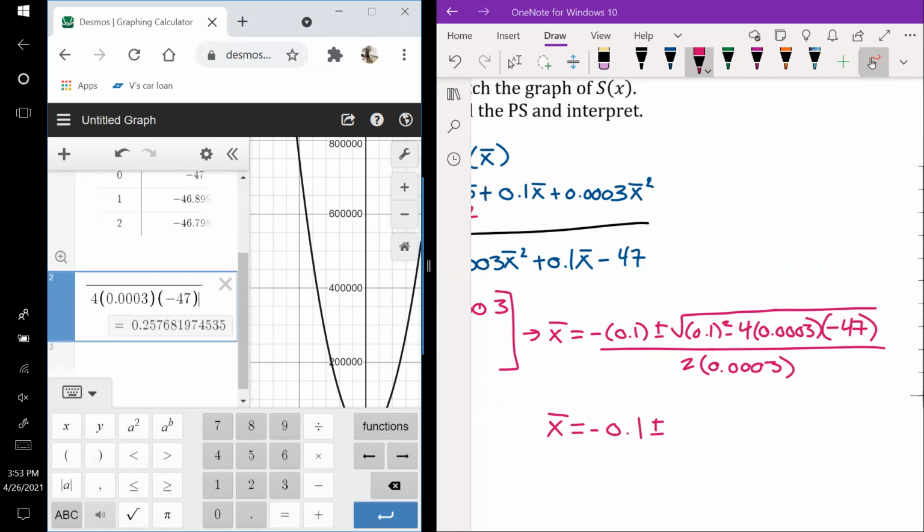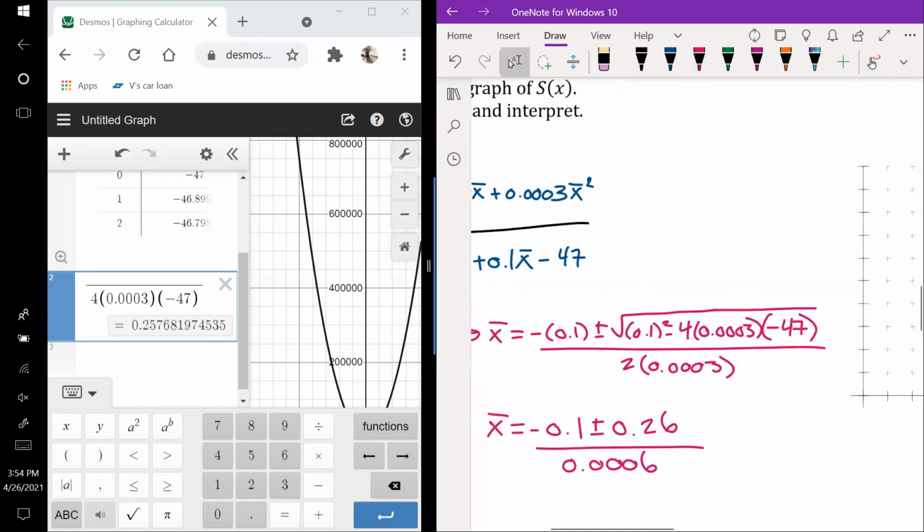And then that's going to give us, I'll just round it to 0.26 over 2 times 0.0003, which is 0.0006.